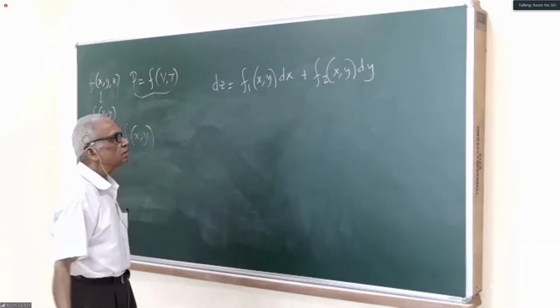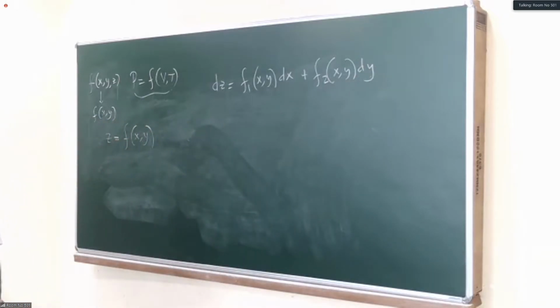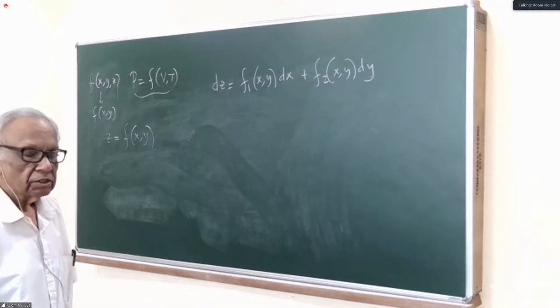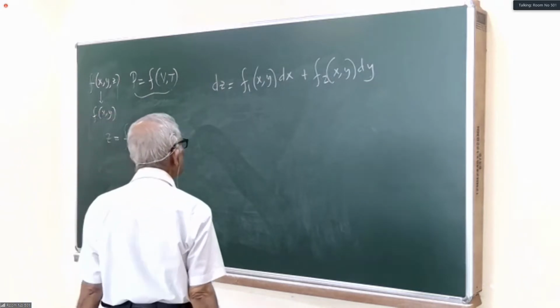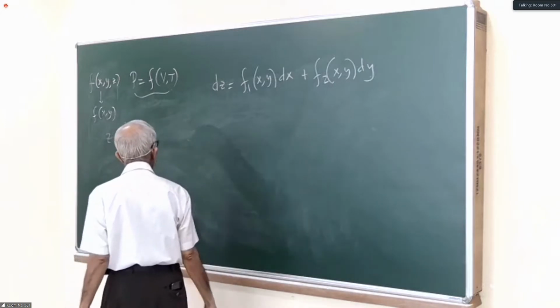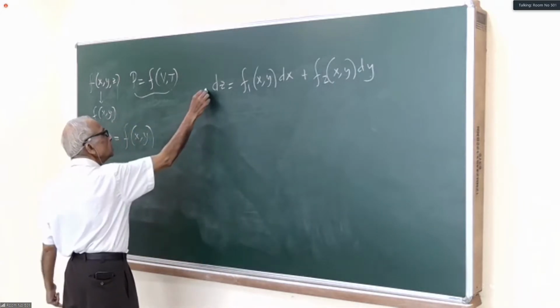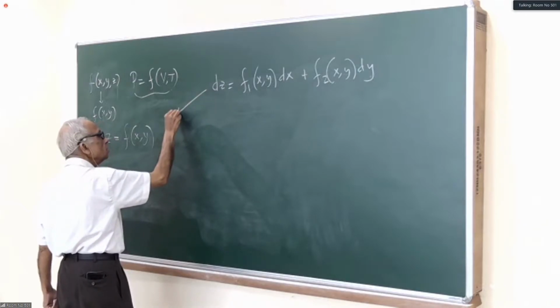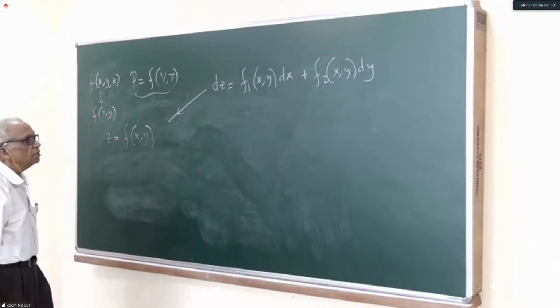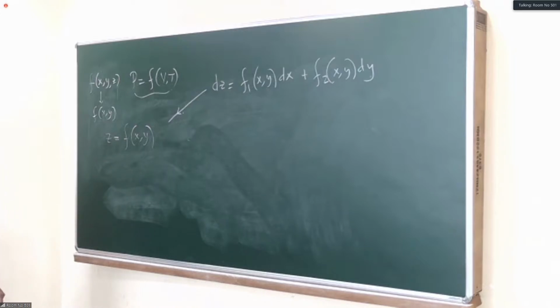So that, let's say, is all that I give you. And I ask you, starting from here, to give me z equal to f of x,y.